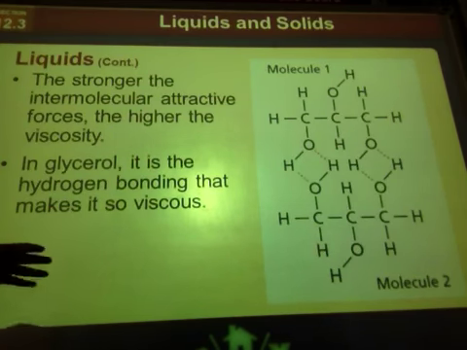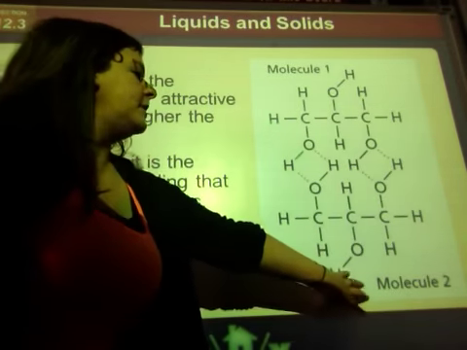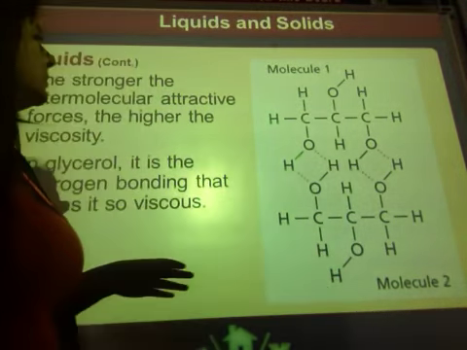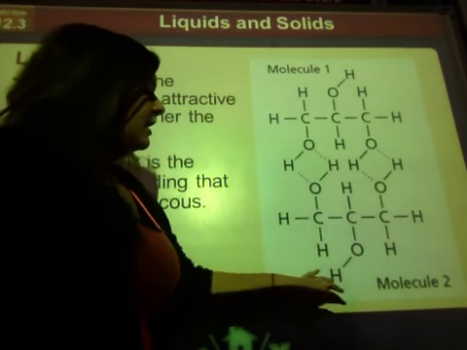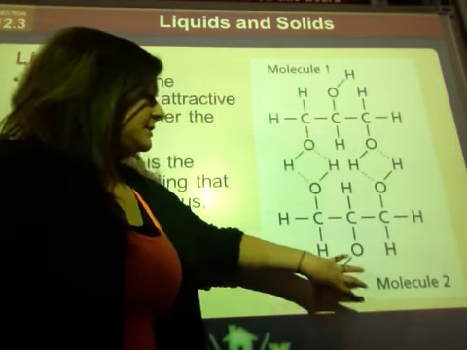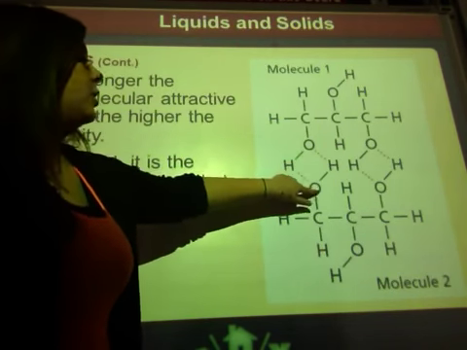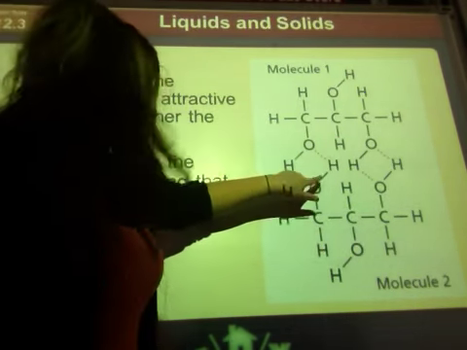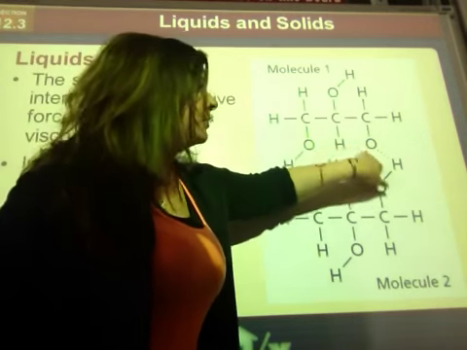Specifically in this case, let's say that I added a third molecule down here. How many hydrogen bonds would be made if I had molecule 3 attached to molecule number 2? Well, if I look up here, I have one hydrogen bond right here, a second one right here, third one, fourth one.